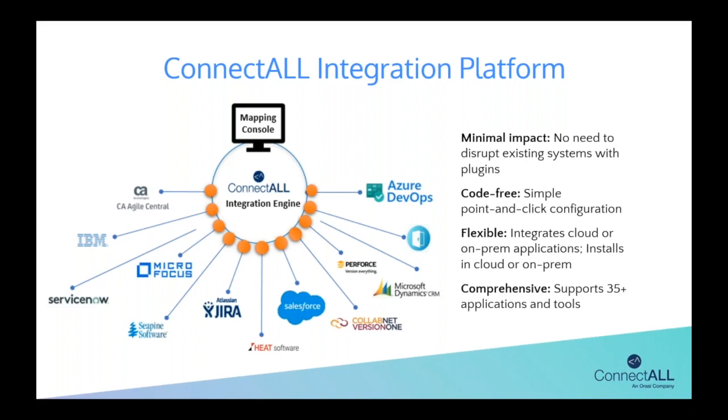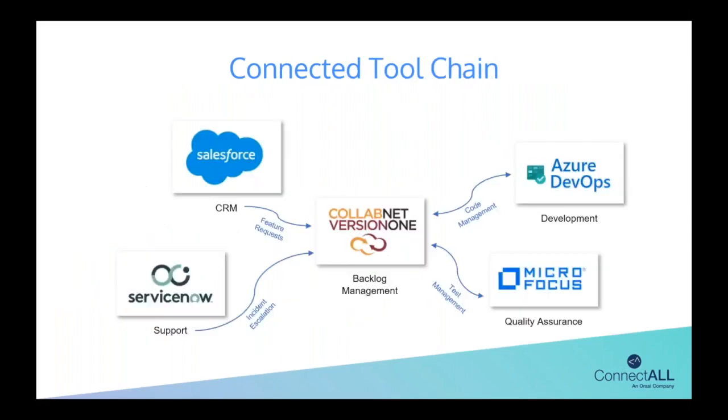We move the signaling information or the control information from place to place so that the right person has the right information. So in our picture a minute ago, we were talking about a Salesforce feature request coming into CollabNet, and then we want the VersionOne story, let's say, to go to Azure DevOps. So those would be integration links on this chain.